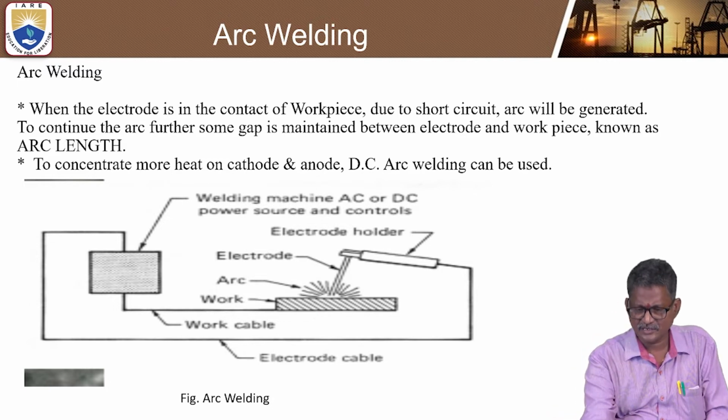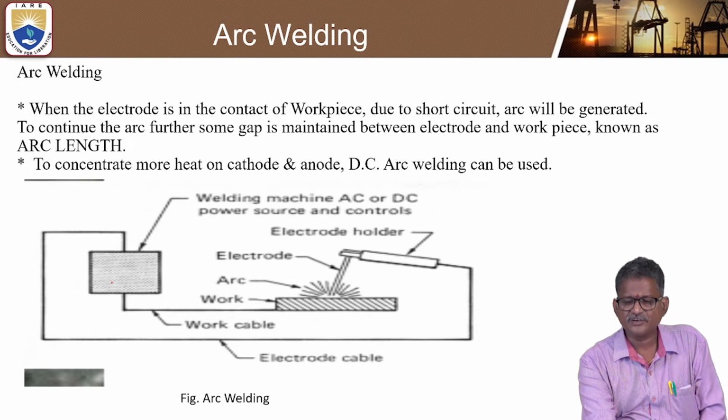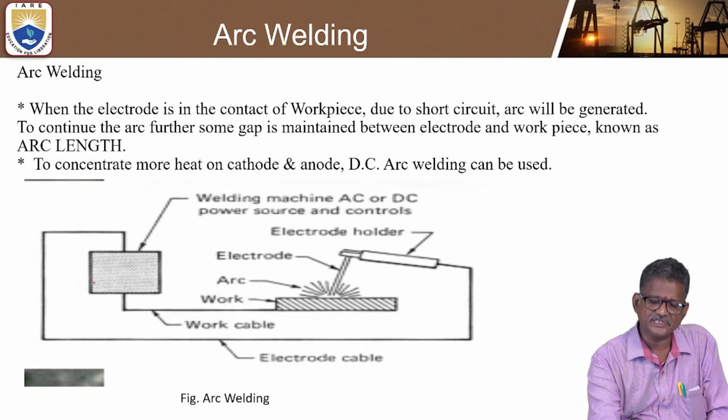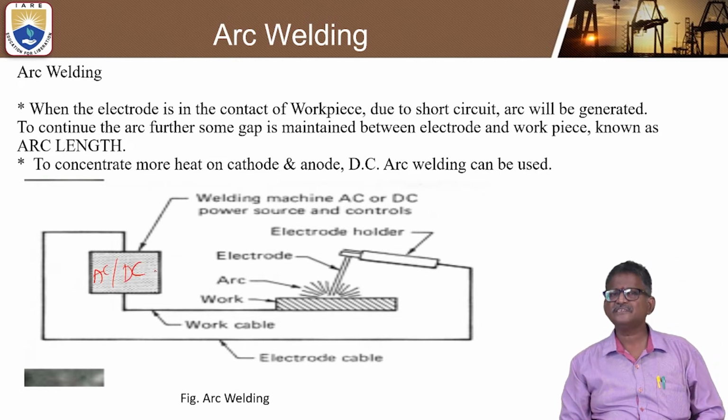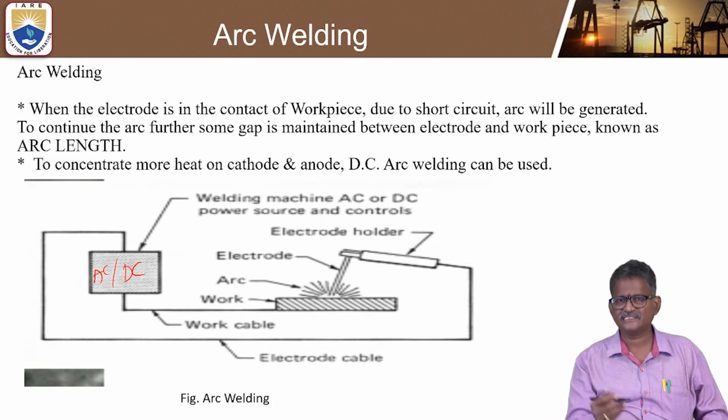This workpiece will be joined with the cable, and this is called either AC or DC machine, or even DCSP or DCRP. That also we'll discuss in detail later.